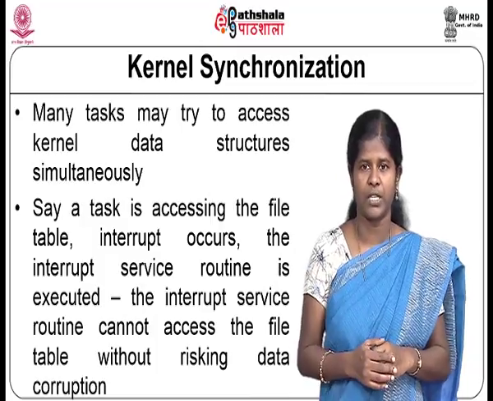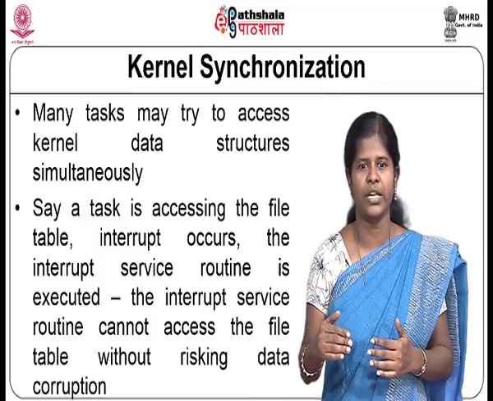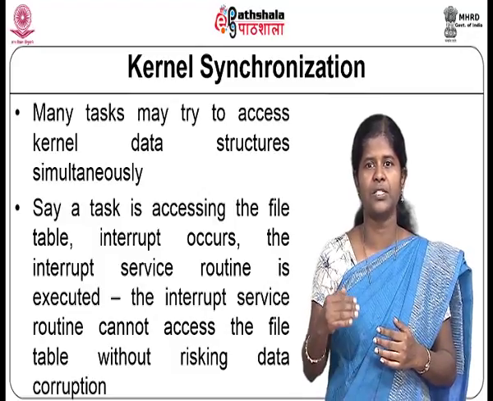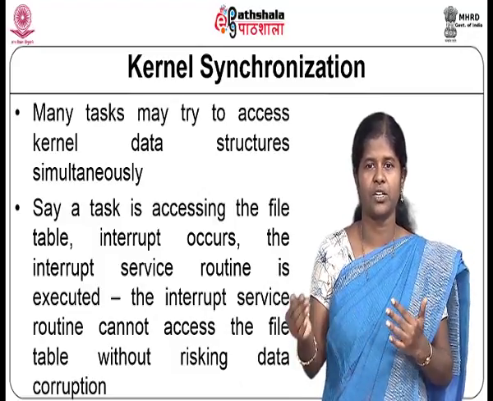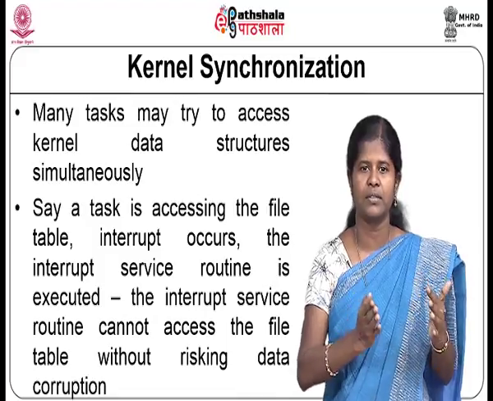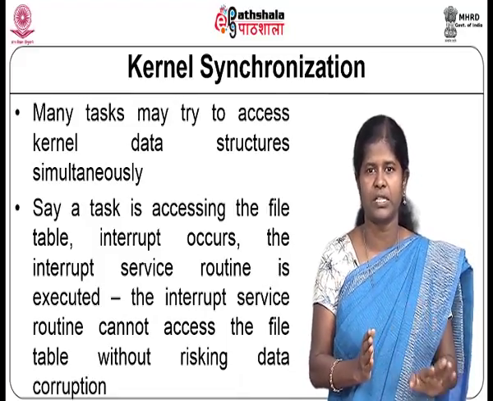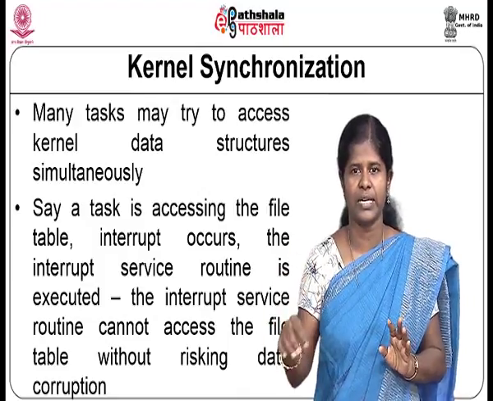When the interrupt occurs, the interrupt service routine has to be executed. Say the interrupt has a high priority, and the first task which was accessing the file table is stopped in the meantime and the interrupt service routine is executed.